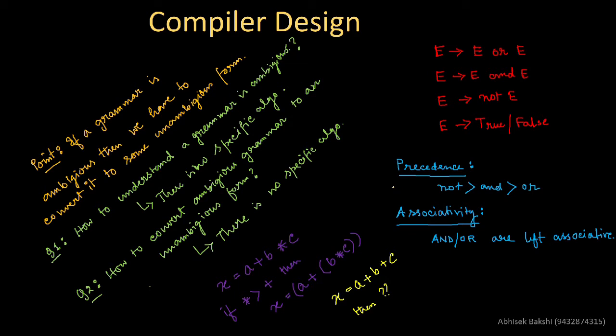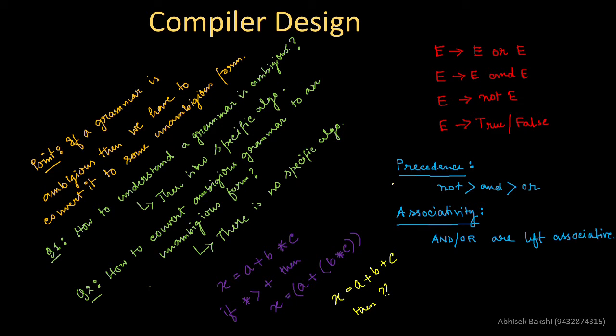What is precedence? Precedence says that if we have two different operators in the same line, then which operator will be executed first? And what does associativity say?